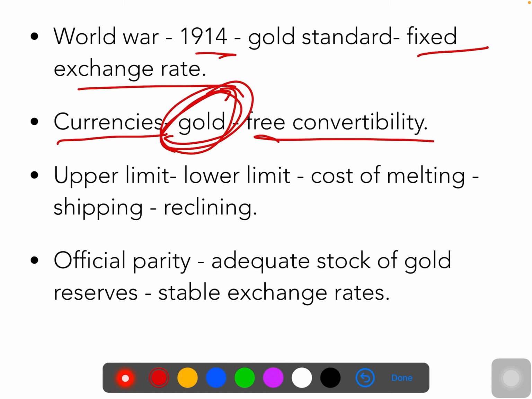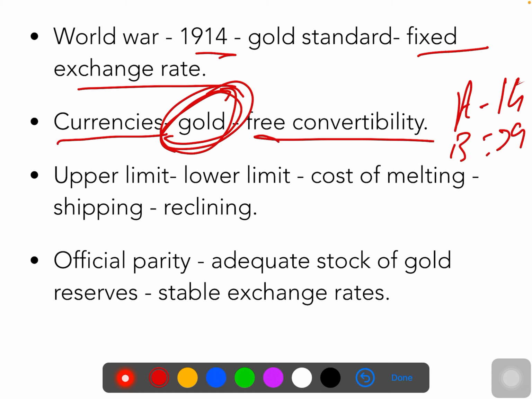For example, if 1 unit of currency A was worth 1 gram of gold, and 1 unit of currency B was worth 2 grams of gold, currency B would be worth twice as much as currency A. So A is equal to 1 gram, B is equal to 2 grams.